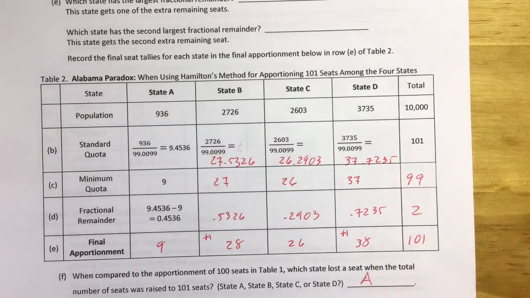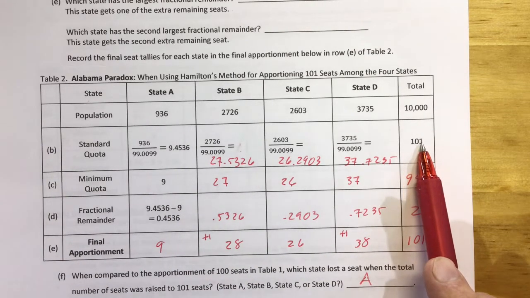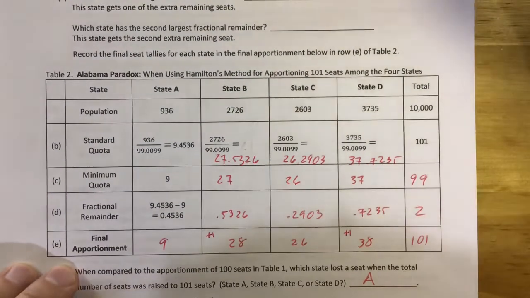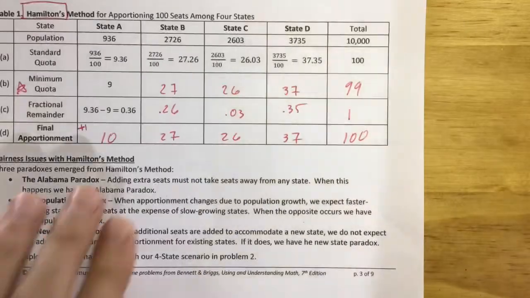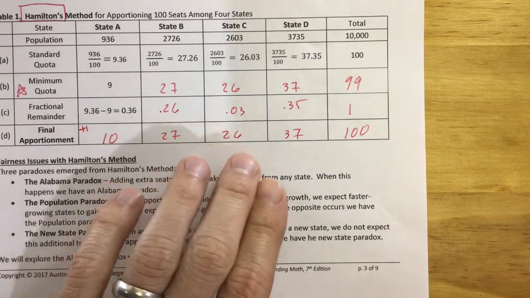But in addition, we get to talk about this thing called the Alabama paradox, which said that when we added in that extra seat, it was possible for a state to have lost one from what they previously had. So maybe last year with 100, where's that page? Okay, when we had 100 seats, state A had 10, there's 27, 26, and 37.